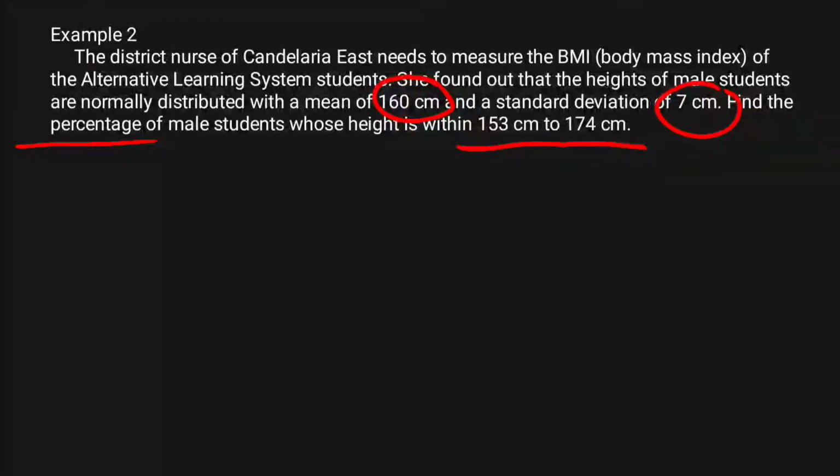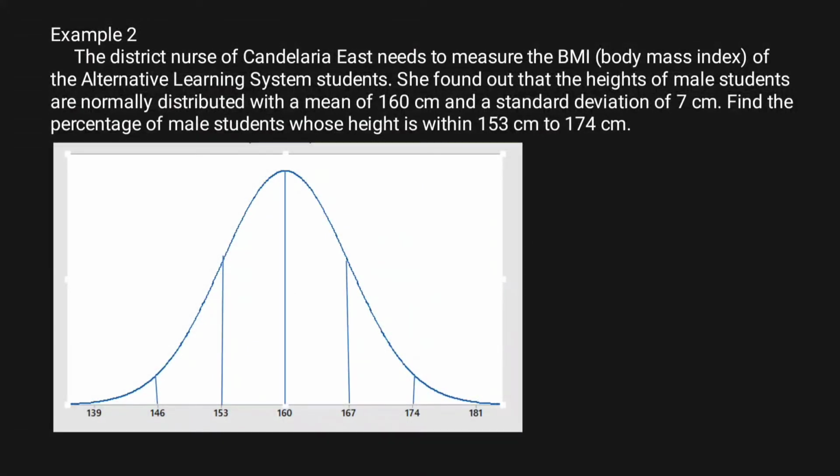So first, i-drawing muna natin ang ating normal distribution or normal curve. Okay? So ito magiging normal curve natin. So ang mean natin, nasa gitna dapat 160. Then standard deviation natin is 7. So, simula sa gitna, 160, add lang tayo ng 7.